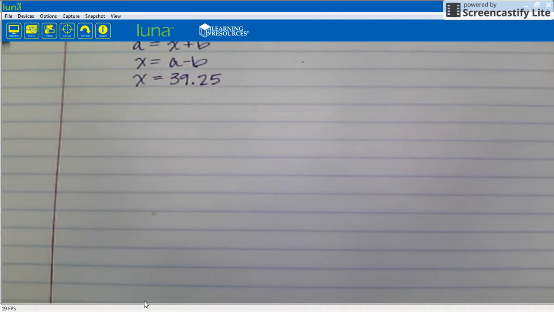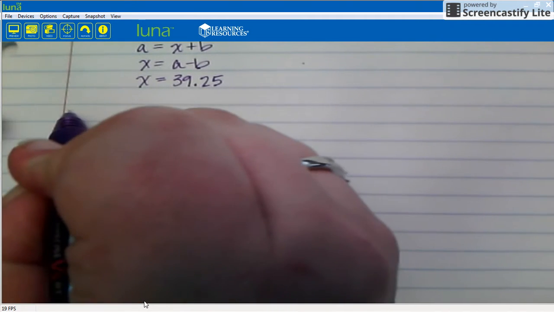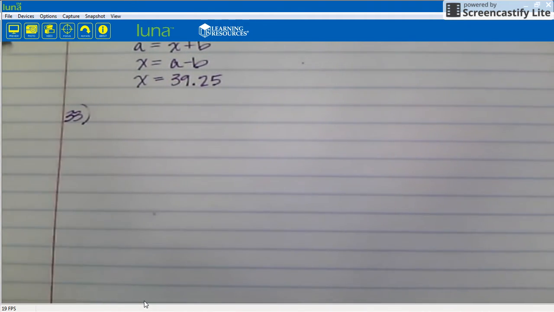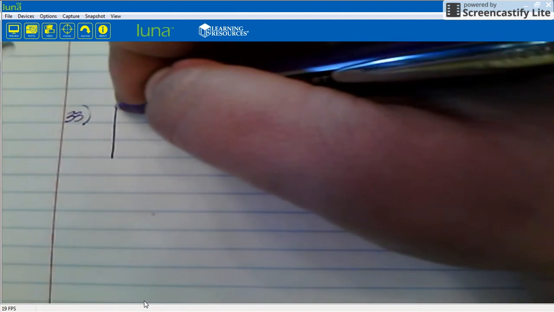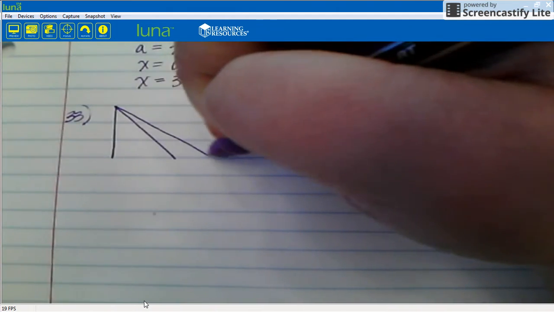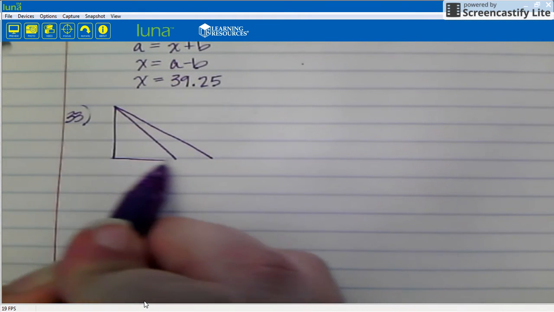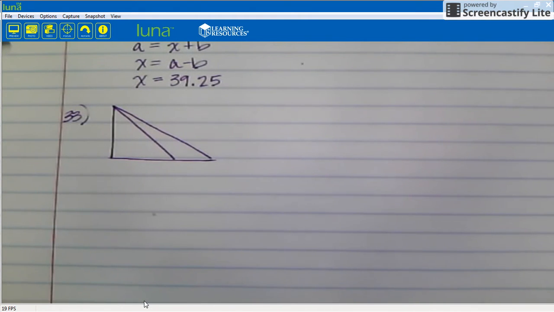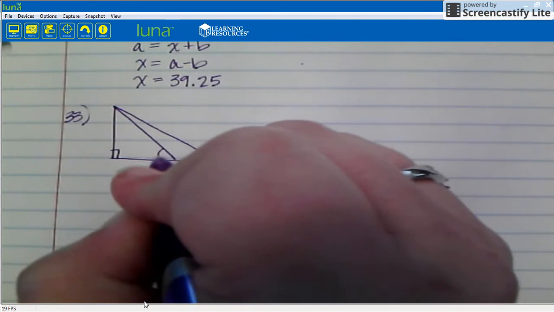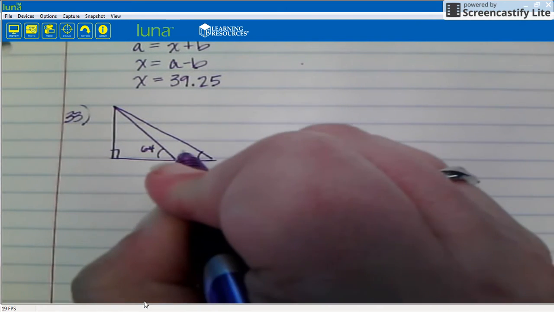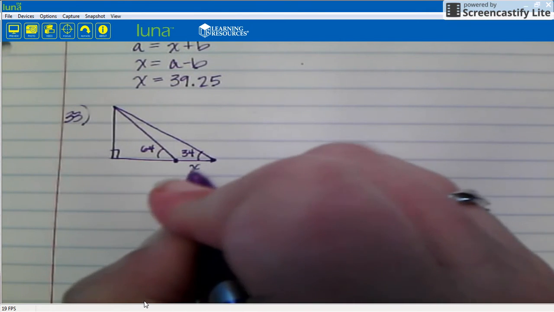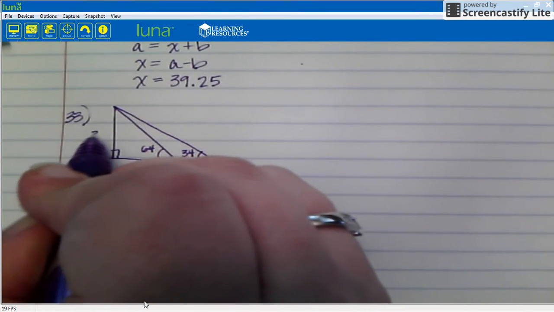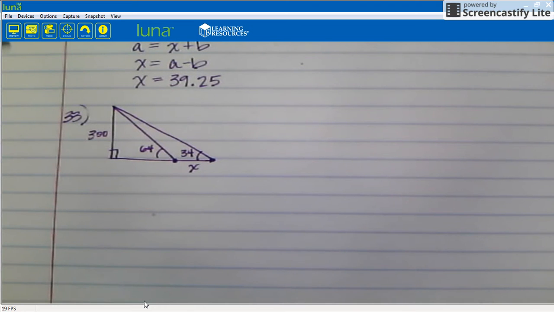In a very similar setup for number 33, we have this triangle given to us. And they tell us that this angle is 64 and this angle is 34. We're asked to find this length X, and we're told that the height is 300.